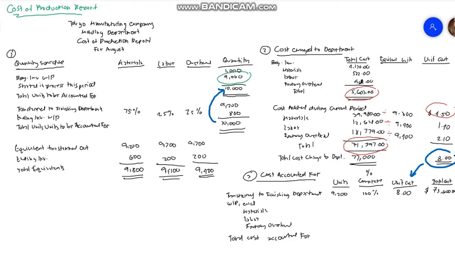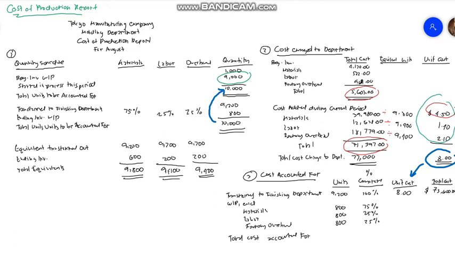Okay. For the work in process, the total units is as follows: 800. There are 800 units left. Percentage of completion is 75%, 25%, and another 25%. So the unit cost as computed.